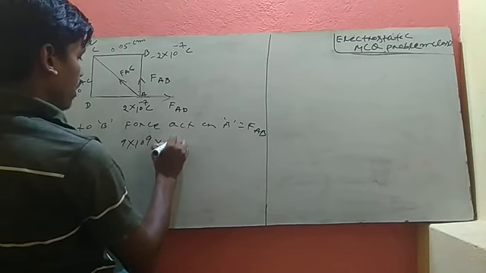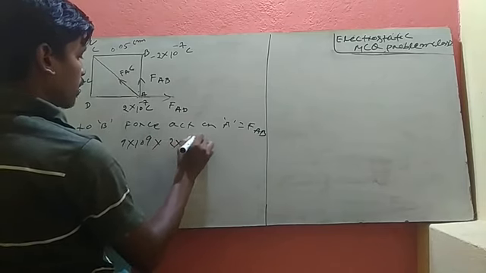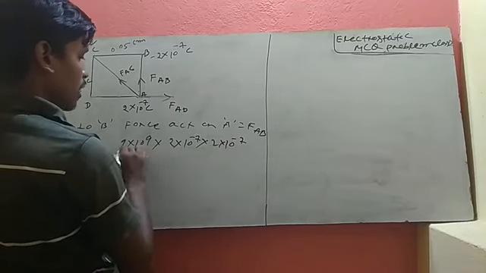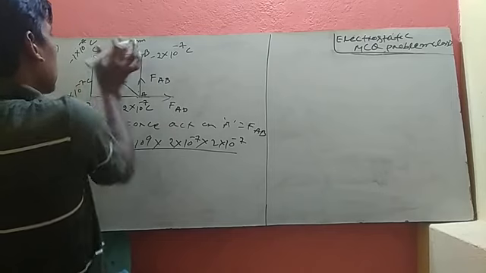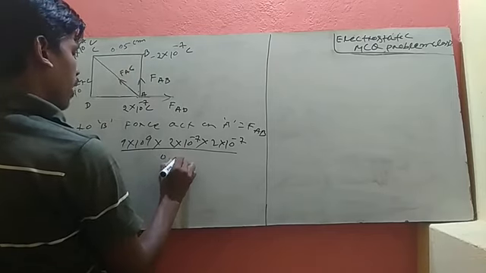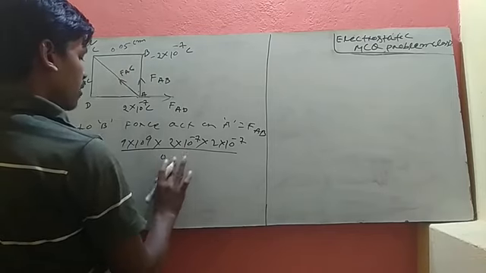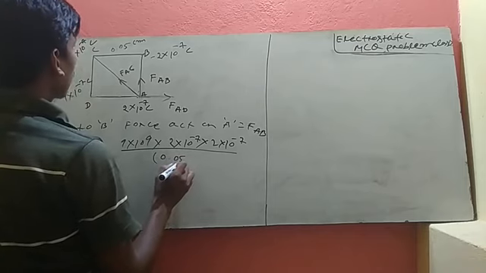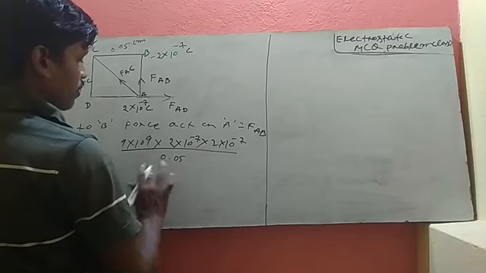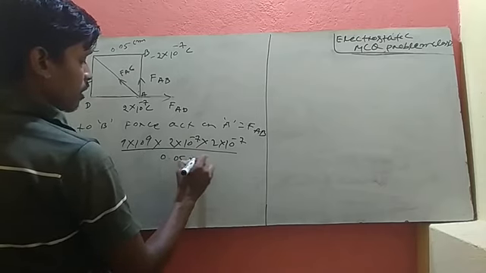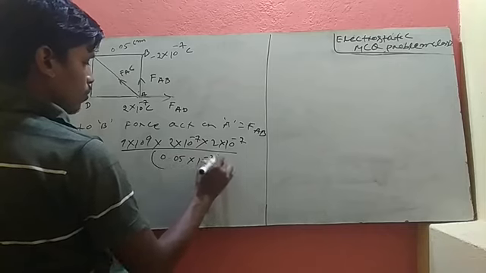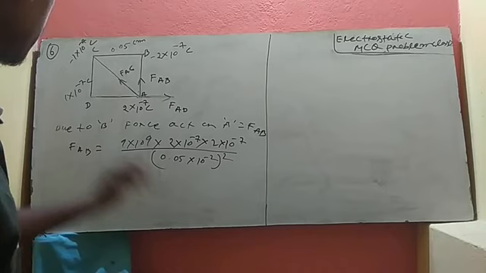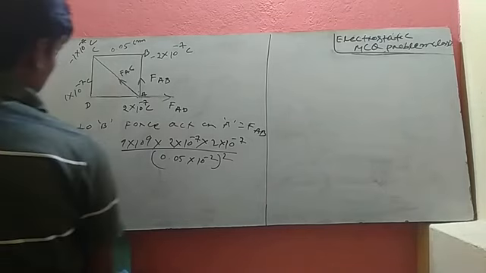The magnitude of Q1 is 2 into 10 to the minus 7, and Q2 is similarly 2 into 10 to the minus 7, divided by the distance squared. The distance is 0.05 meter, converted from centimeter, or 5 into 10 to the minus 2. This way FAB is calculated.